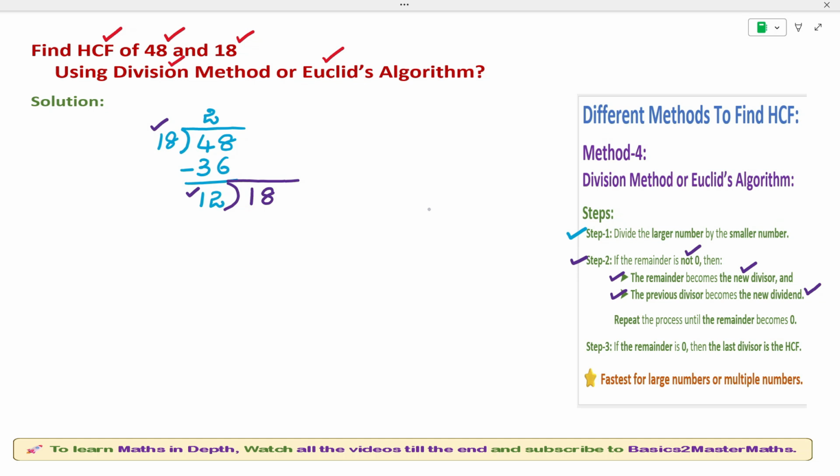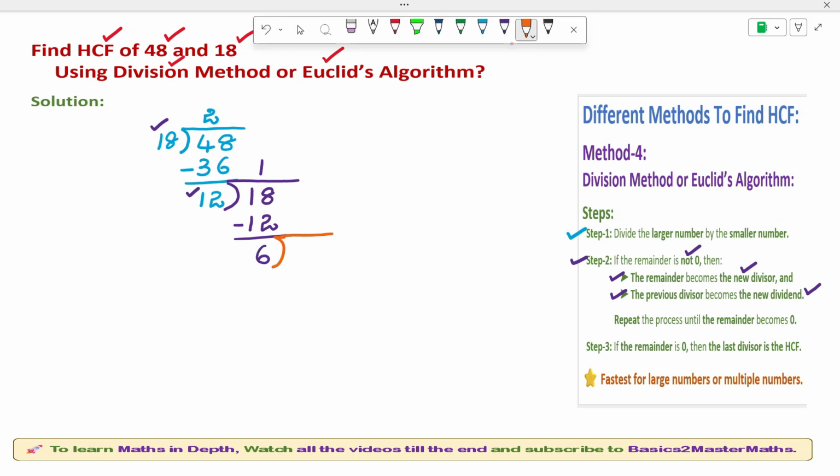When we divide 18 by 12, we get 1 as the quotient and 6 as the remainder. Again, repeat step 2.